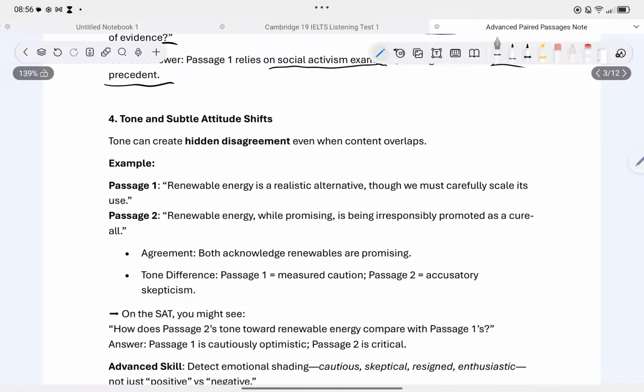Now, the next thing we'll talk about is the tone and subtle attitude shifts. When you read a text or two texts, they may differ in tone. Remember, we said tone means the attitude of the author towards the text or towards the subject.